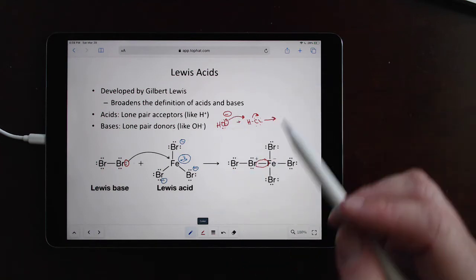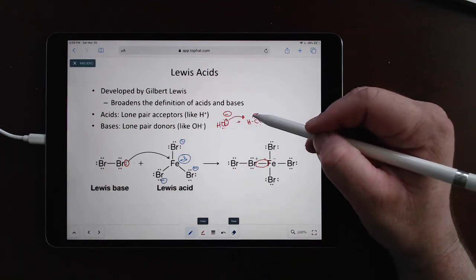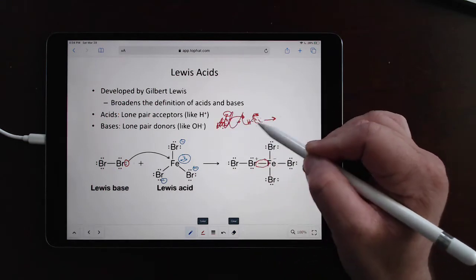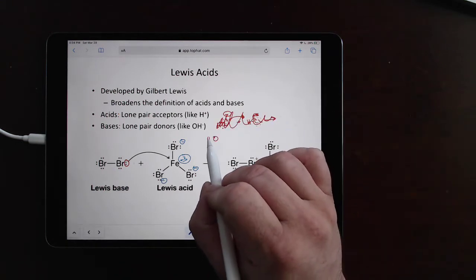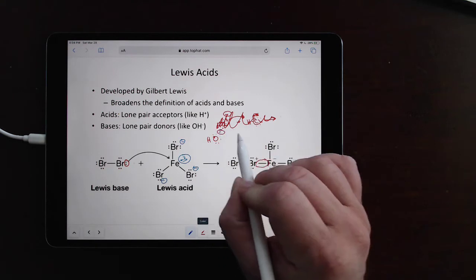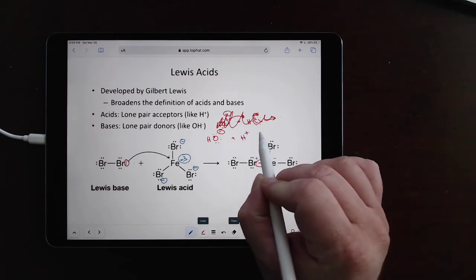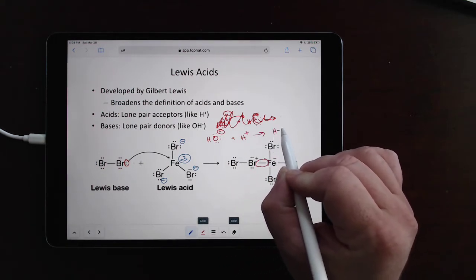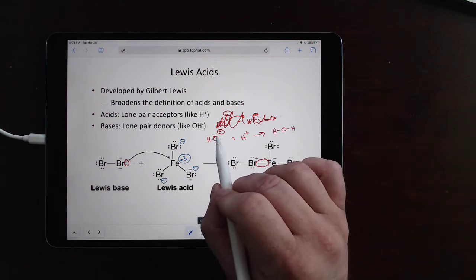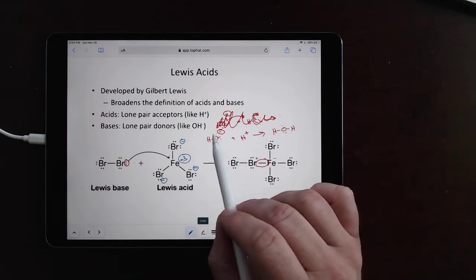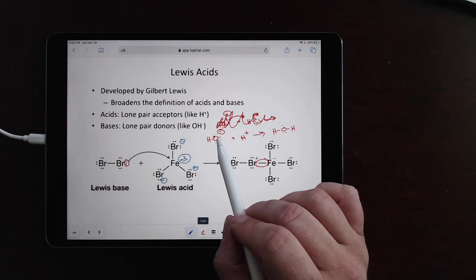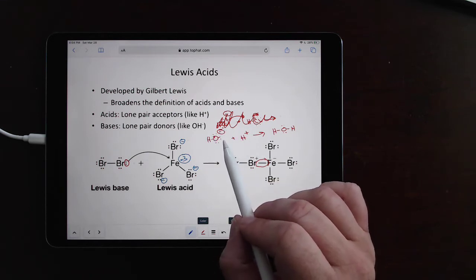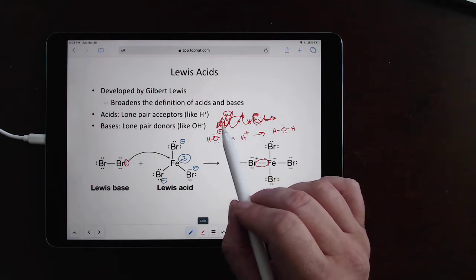Let me actually draw this a little bit better. So if you had OH minus, right, we had H plus going to HOH, right? OH minus is a Lewis base.